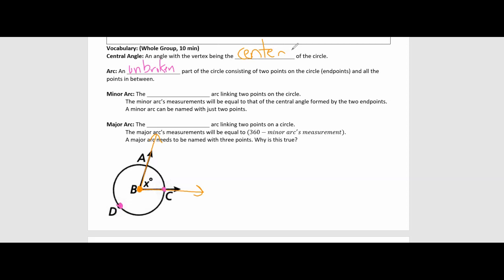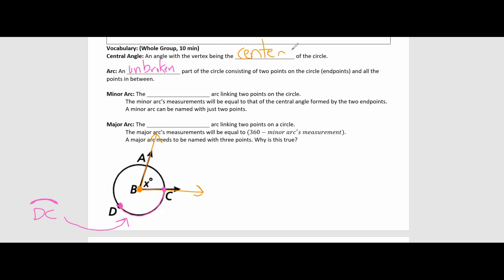So I pick 2 points on the circle, and I include all the points in between. How do we name arcs? Well, instead of a segment, because it's a curved segment, we have this little curved piece up here. We could say arc DC. We could also say arc CD. But that's how we would name an arc.